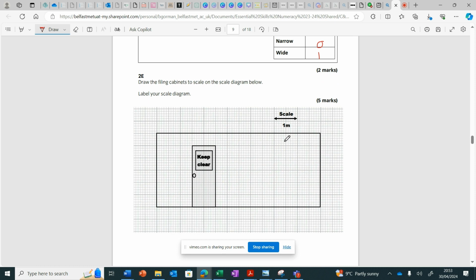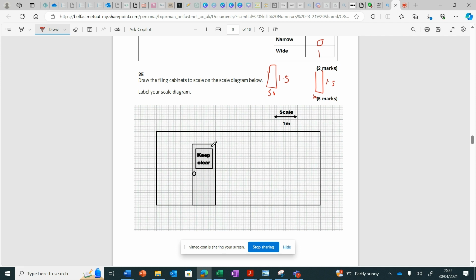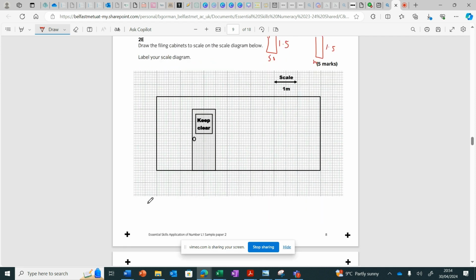Now it asks me to draw them in. Well, the cabinets are 50 by 1.5 and 80 by 1.5. And the scale here is there's 2 squares, which is 1 meter. So if 2 squares is 1 meter, 1 square, and we call these centimeter squares, will be 50 centimeters.